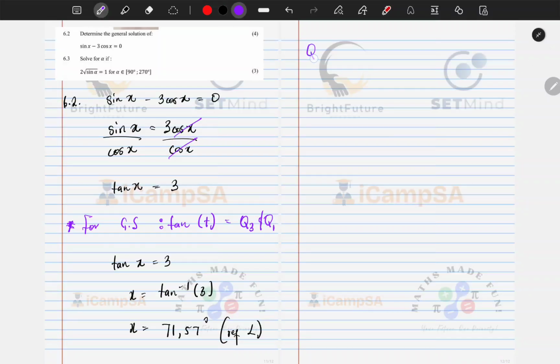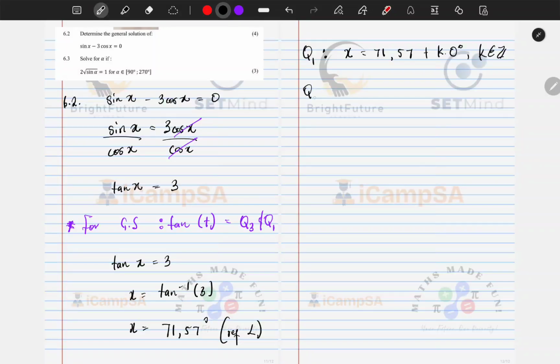So the general solution for quadrant 1, x is going to be equal to the very same angle, which is 71,57 plus k times 0 degrees, and k is an element of integers, right?